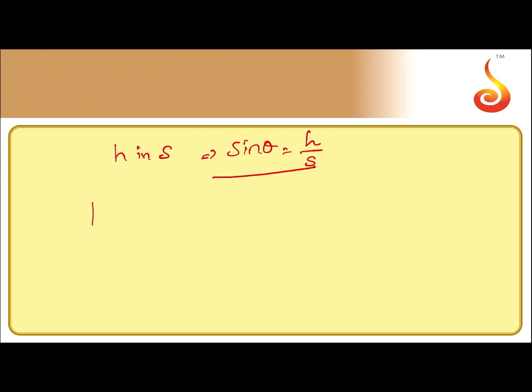So now the extra power it requires is equal to F into v, force into velocity. That's right. So now force is equal to mg into sin theta, into v.